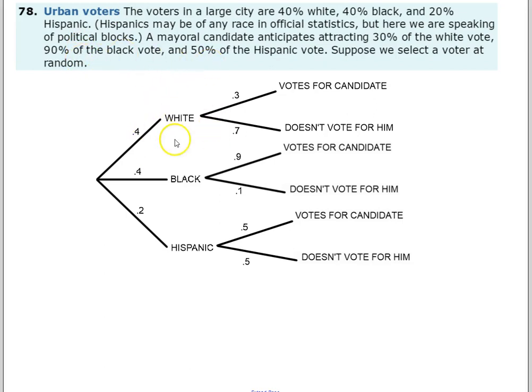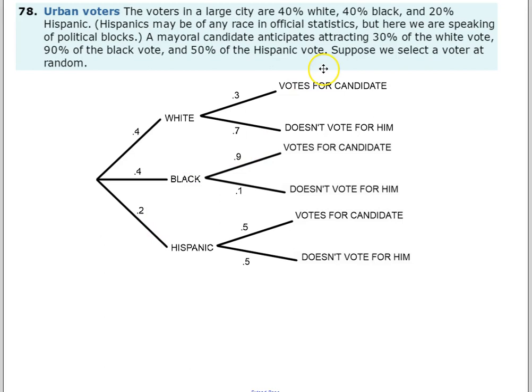So among the white voters, he expects 30% to vote for him, 70% not to vote for him, 90% of the black voters, 10% not voting for him, and 50-50 with the Hispanic. Notice that in each set of branches, the probability adds up to 100% because we're talking about 100% of the Hispanics, 100% of the blacks, 100% of the whites. So this is 100% of all voters.